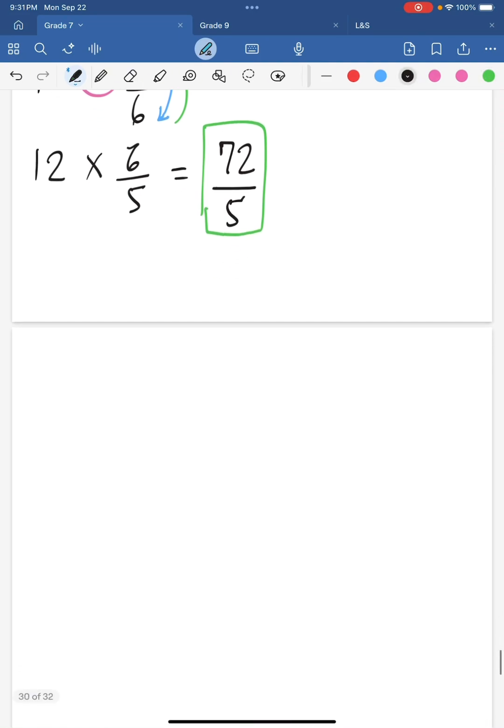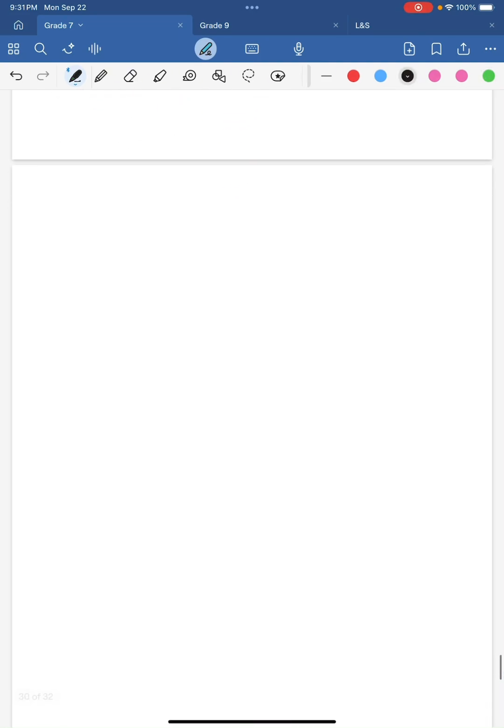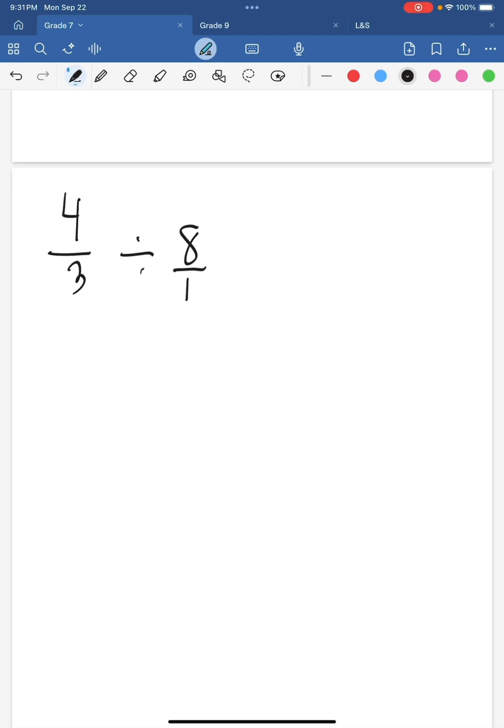Now let's have an example where a fraction is divided by a whole number. Let's just have 4 over 3 divided by, let's just say, 8. So again, 8 is a whole number, and every whole number has a denominator of 1, because 8 divided by 1 is still just 8.